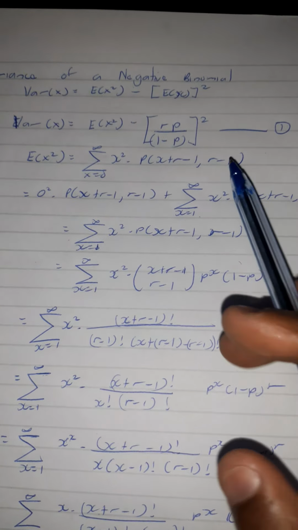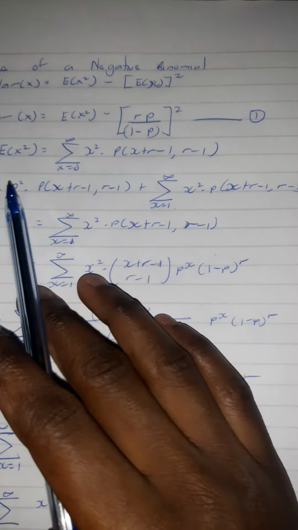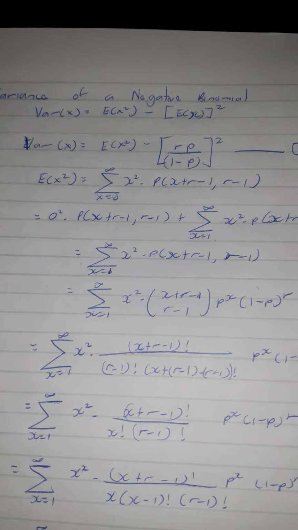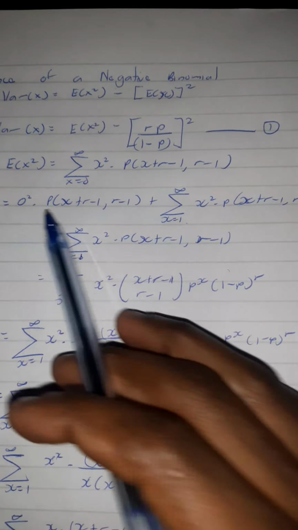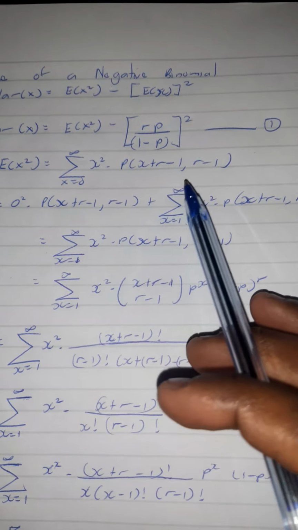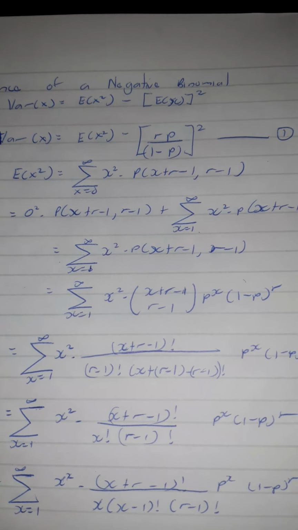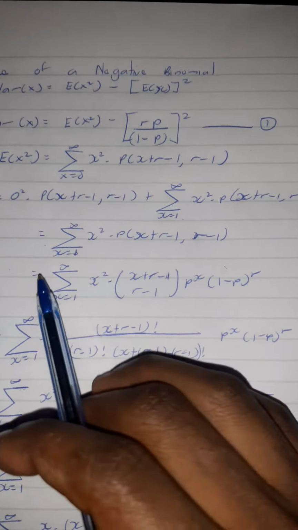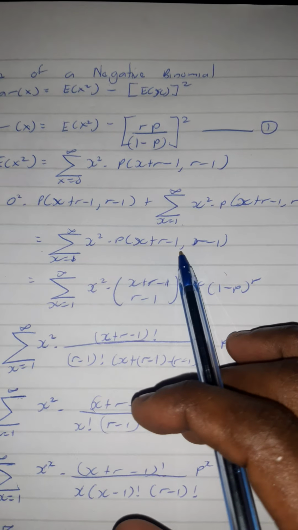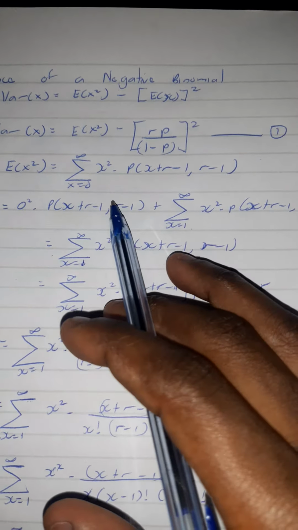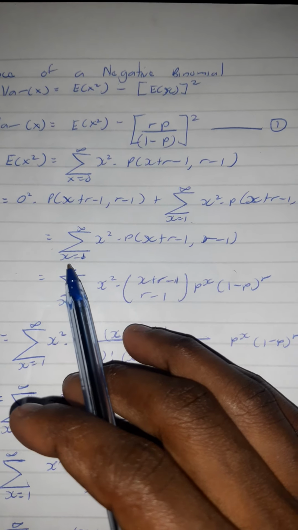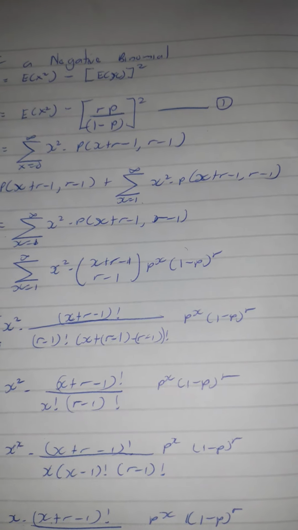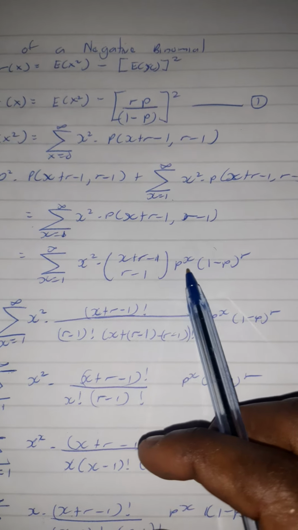So we can see we can pull out 0, the term at 0, giving us this expression plus the sum from when x is 1 to infinity. Then it leaves us with this, because the 0 nullifies this. So we can further write it as a combination expression, which is this.